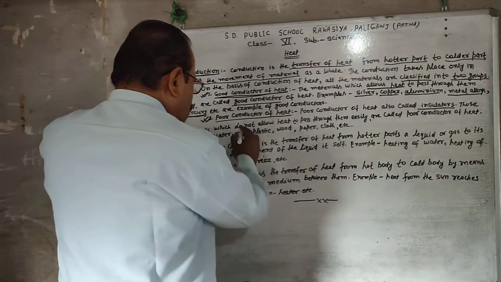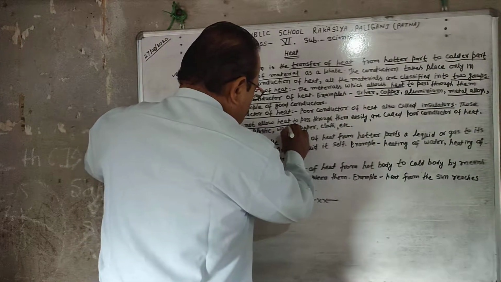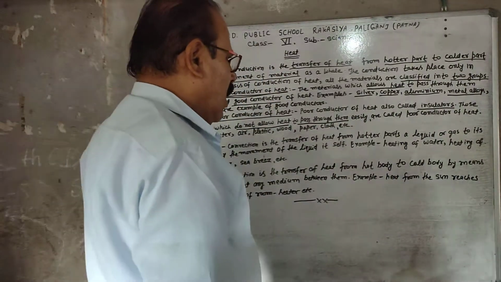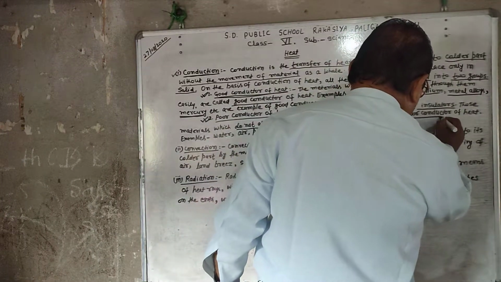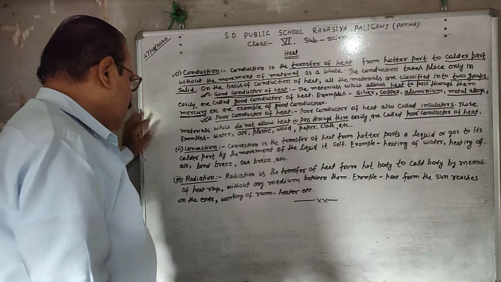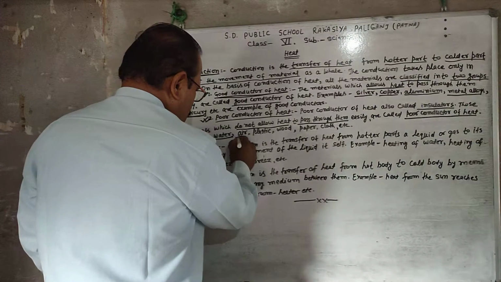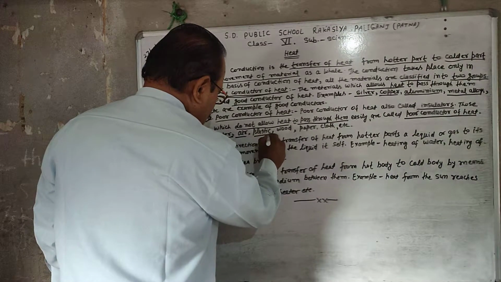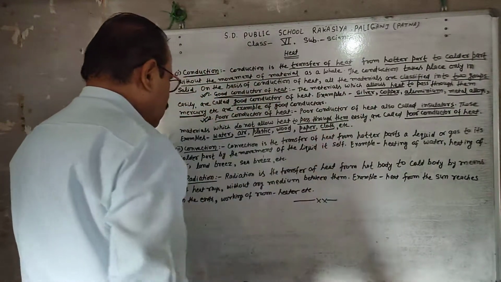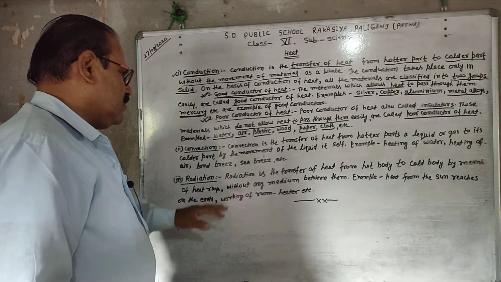Those materials which do not allow heat to pass through them easily are called poor conductors of heat. Examples: water, meaning distilled water, air, plastic, wood, paper, cloth, etc. are poor conductors of heat.